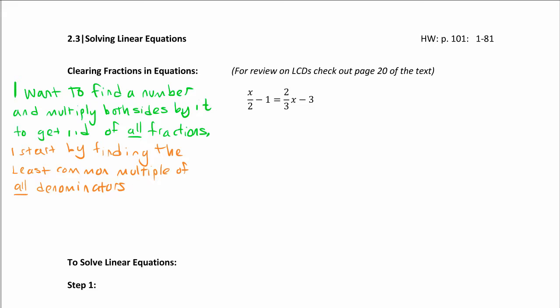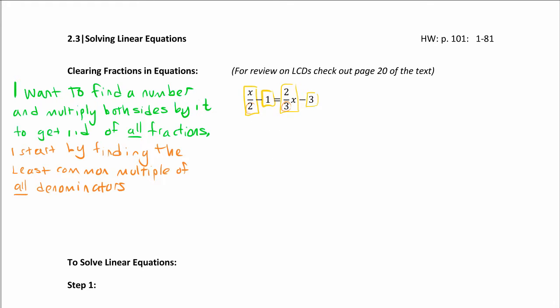Denominators are the things that are in the bottom of fractions. So what I have here for denominators, I have a 2 and I have a 3. When I'm looking at this, I have 4 terms. This one's a fraction. This one is just a number by itself. This term is a fraction, and this is just a number by itself. So the only denominators I have are that 2 and that 3.